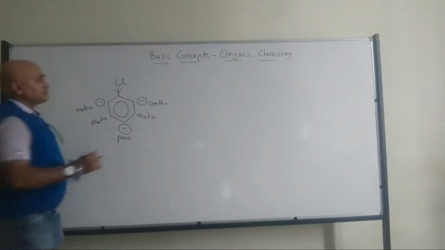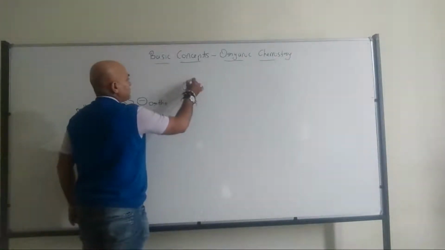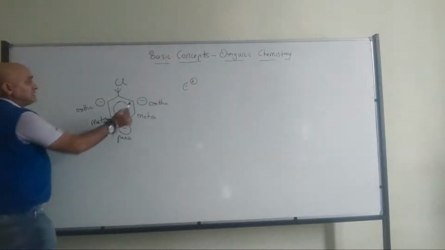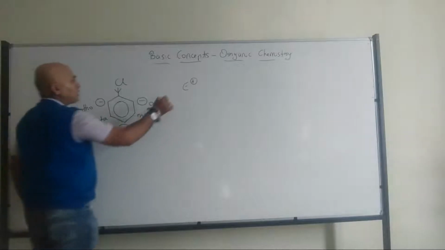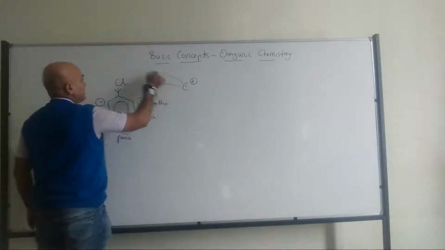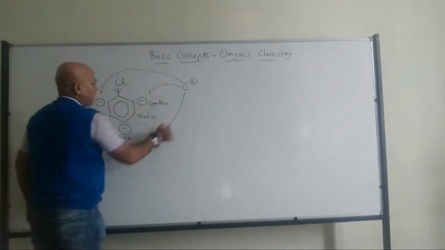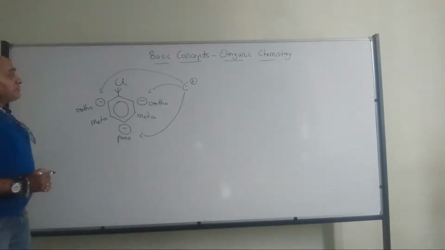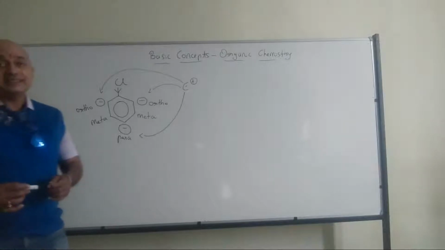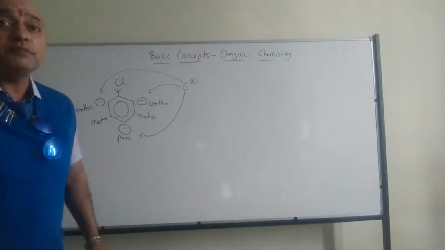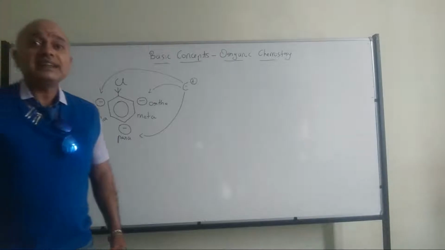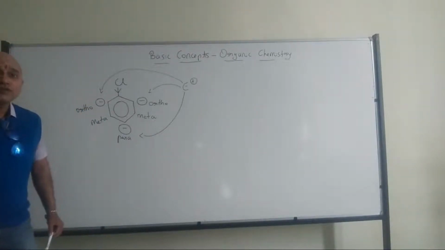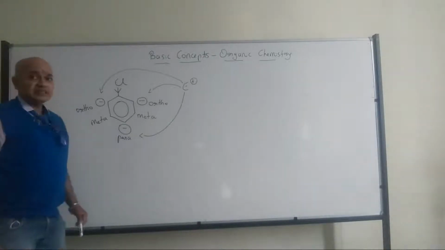Now, when I'm talking about electrophiles, they will attack either ortho or para positions, right? So whenever positive resonance is there, in those conditions they will be ortho or para directing with respect to electrophiles, because electrophiles are electron deficient species.